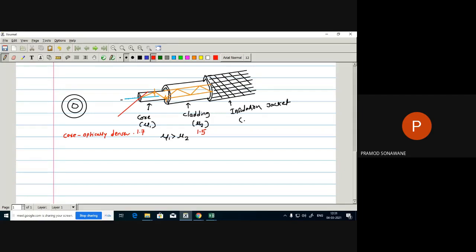What is the purpose of the outermost layer, the insulation jacket? Protection. Protection from what? No ray should go outside. Is this the purpose or some other purpose?